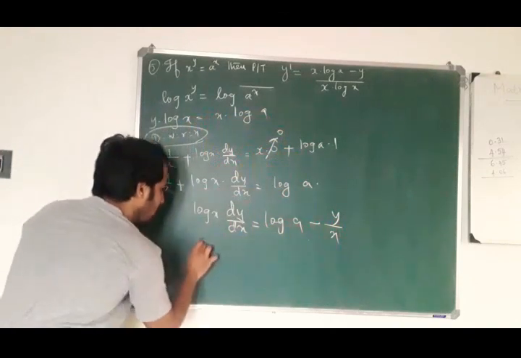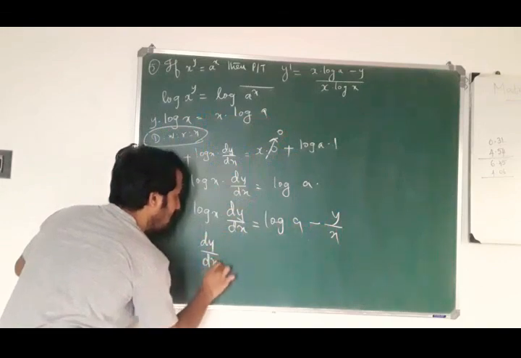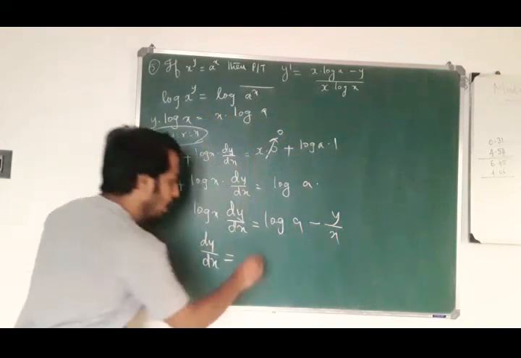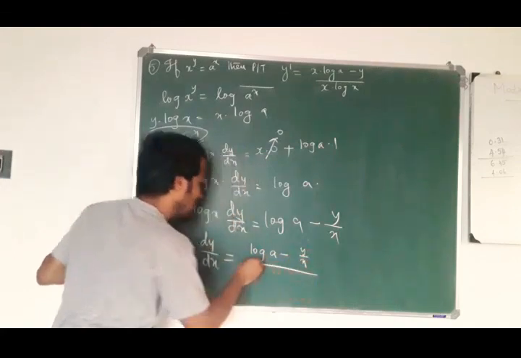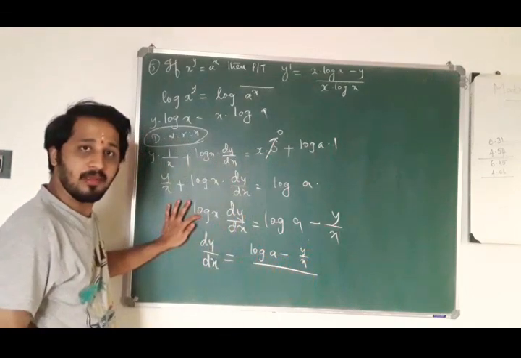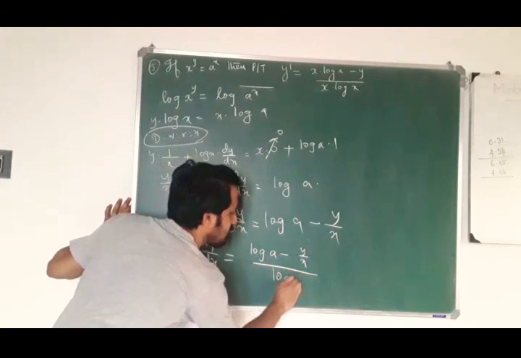Simple. So dy by dx is equal to log a minus y by x divided by log x.